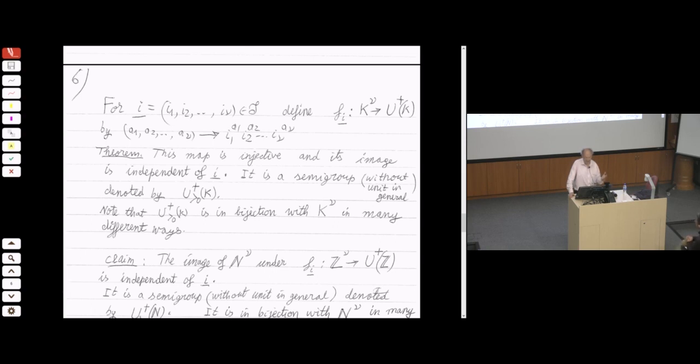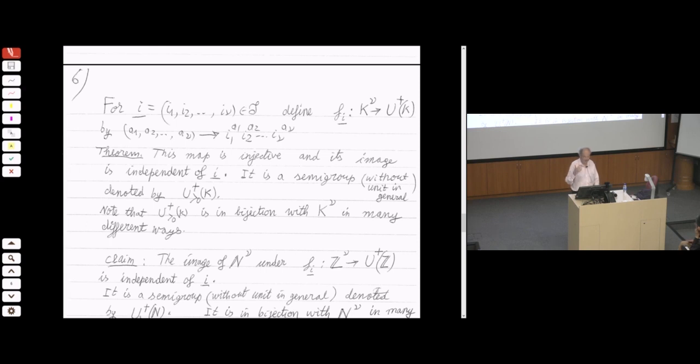So that is also an example where you have some set parameterized in many different ways by sequences of natural numbers. And in fact, in that case, I found that the transition between two of those parameterizations is exactly what I described here.